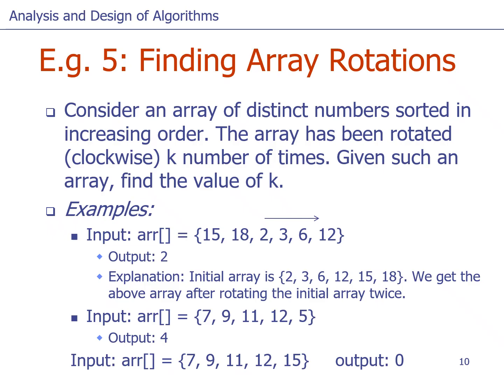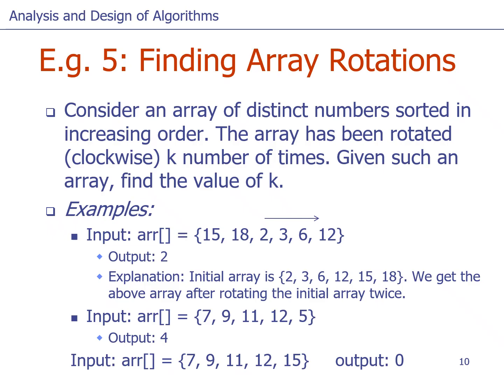So this is a little bit more subtle than what you would think of at the beginning. Let's try to look at these examples and come up with observations that will help us later to design the divide and conquer algorithm. So if you look at 15, 18, 2, 3, 6, 12, we said the rotations is 2.